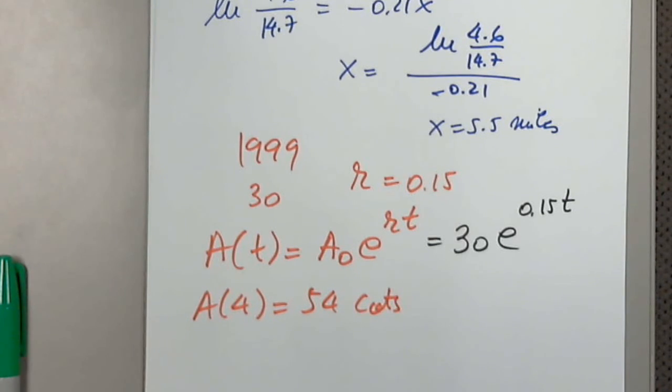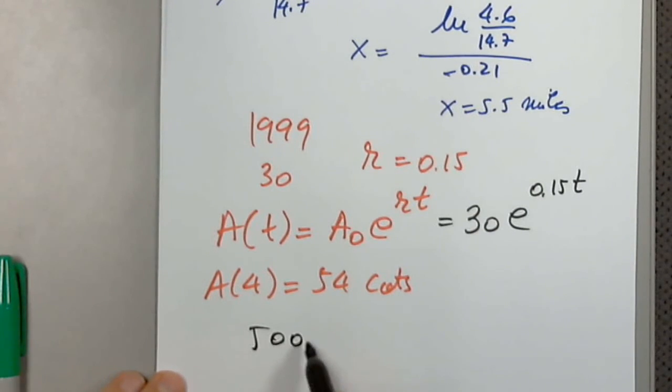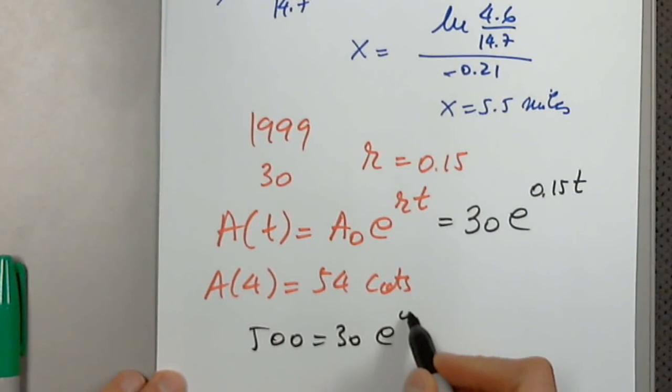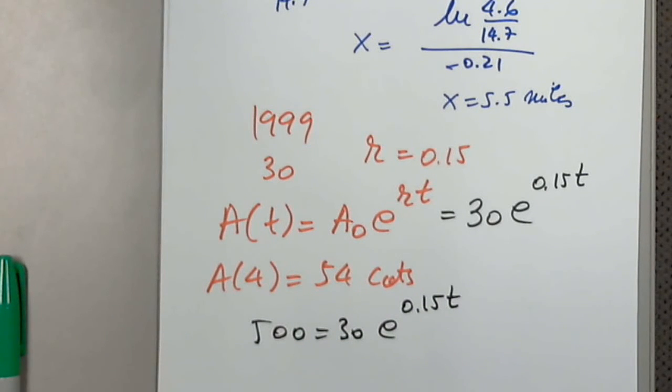Find the number of years required for the stray cat population to reach 500. Awesome. 500 equals 30 e to 0.15t. What type of equation? I know I sound like a broken record, but this is how we remember step by step what we need to do.